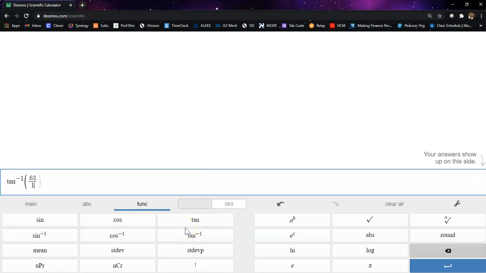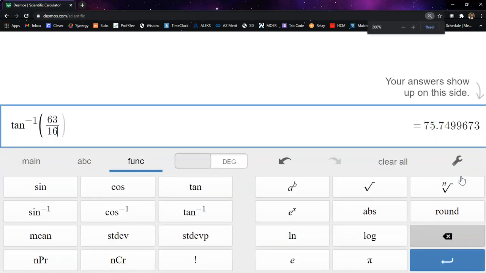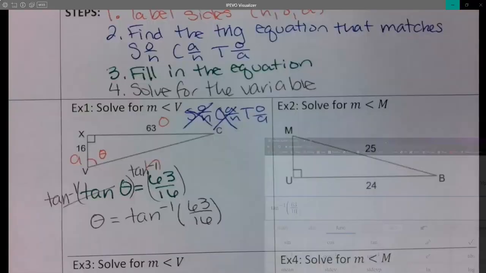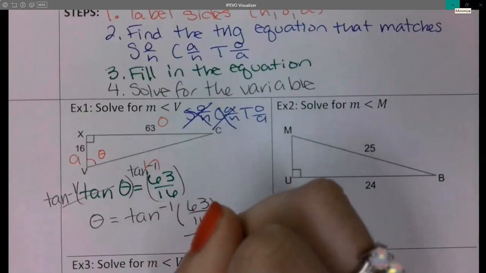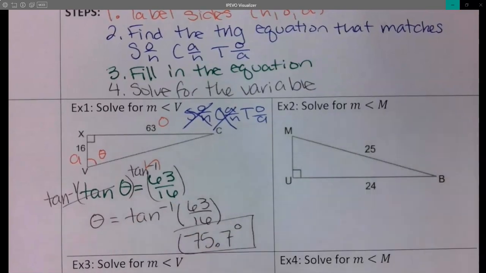I'm going to have 63 over 16, which gives me 75.7. We're always going to round to 1 decimal place unless it tells me otherwise. And since I was searching for a missing angle, I'm going to have degrees.